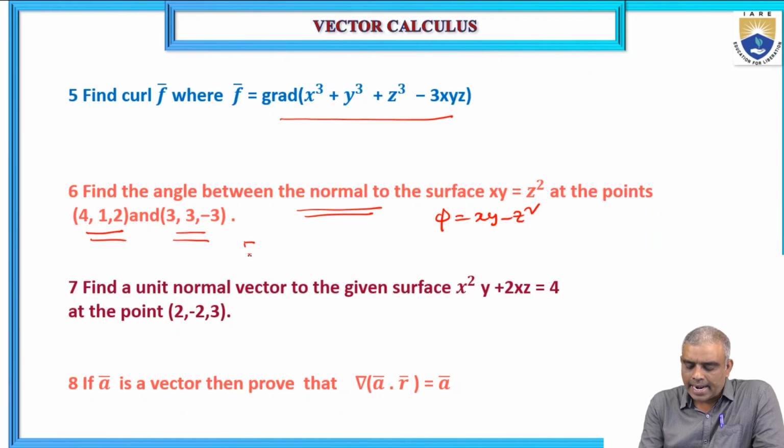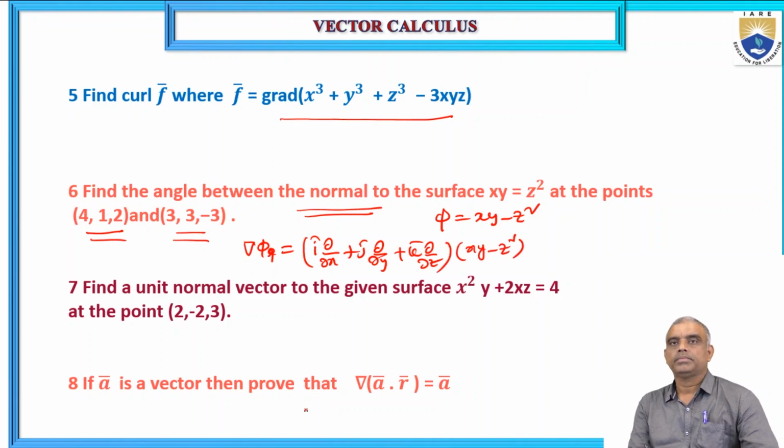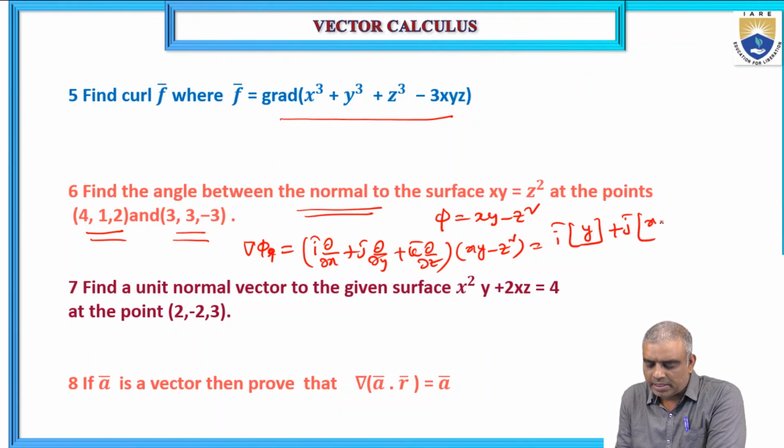Then grad phi is i bar ∂/∂x plus j bar ∂/∂y plus k bar ∂/∂z of xy minus z square. i bar times ∂/∂x gives y, and z square gives 0; j bar times ∂/∂y gives x; k bar times ∂/∂z gives minus 2z.